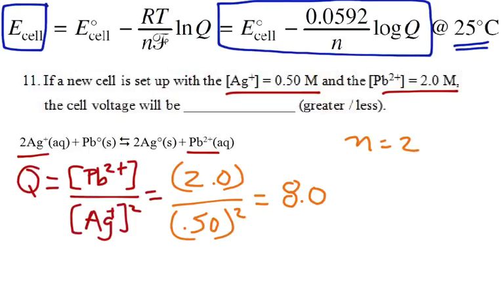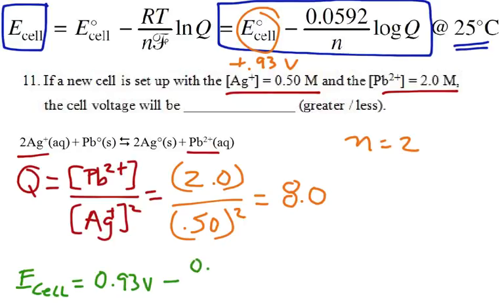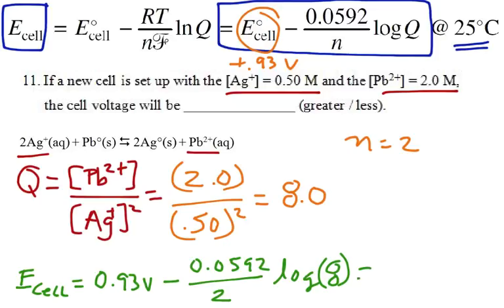And all we have to do is work out our whole cell. We know that the E of the cell was positive 0.93 volts. Let me see if I can write all this out without making too big of a mess. So the E of the non-standard cell is equal to 0.93 volts minus 0.0592 divided by 2. That came from our balanced equation. Log of 8. Now I'm going to go grab my calculator and calculate this.